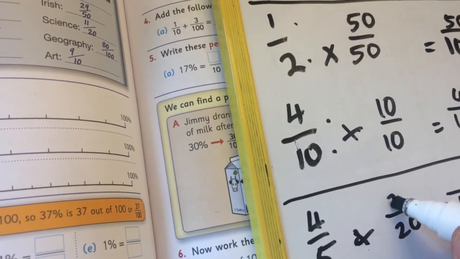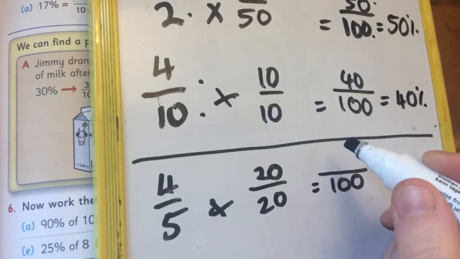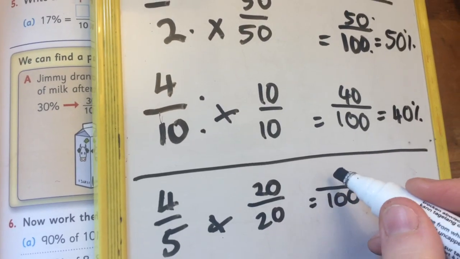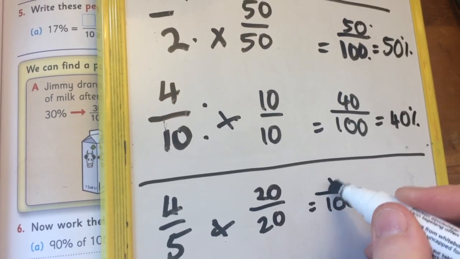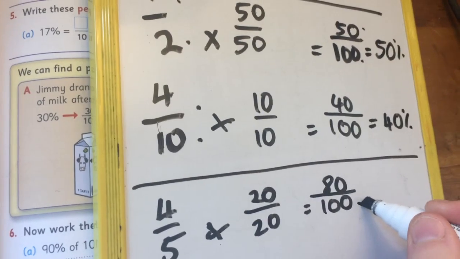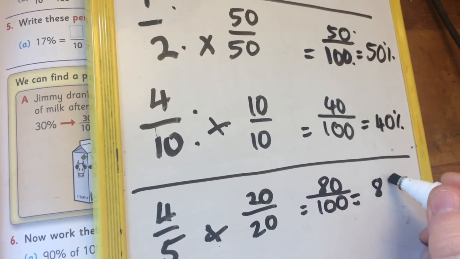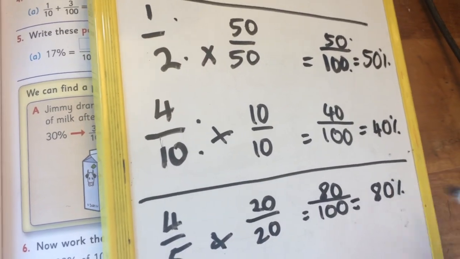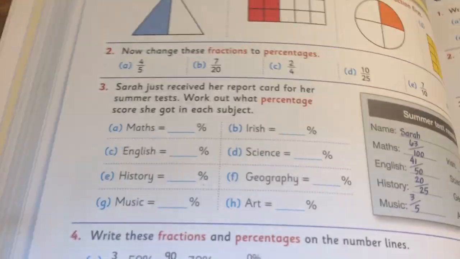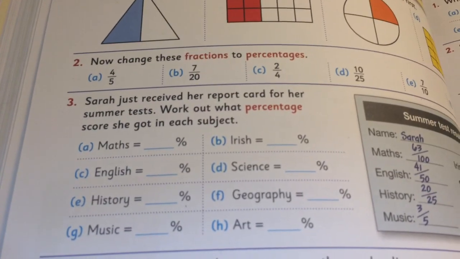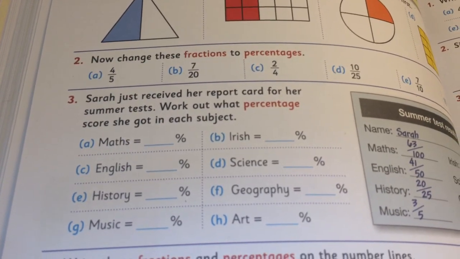And if we do it to the bottom, we must do it to the top. 4 multiplied by 20 is 80. Percentage-wise, that's 80%. Let's move on as quickly as we can. If you want to pause and come back to me, that's fine too.